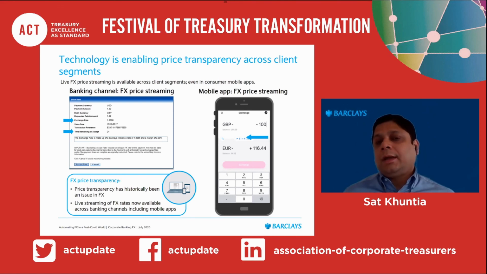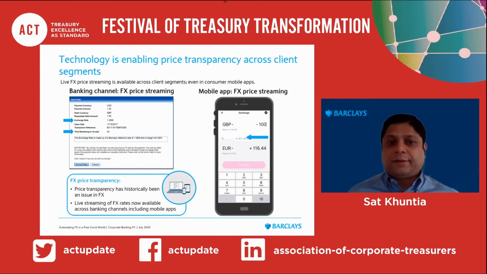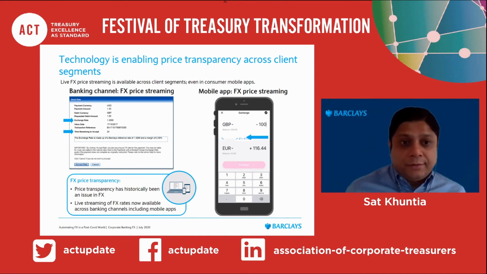The best way we can provide transparency is on channels where clients are interacting, like the web channel that we have, which is called Barclays.net, where we provide the FX rates for all FX payments transactions. Clients can see very much the live FX mid rate and the margins that we are applying. Now, we've taken a decision to price on this particular channel from our FX mid rate, which, as I explained, will converge with the market mid rates.